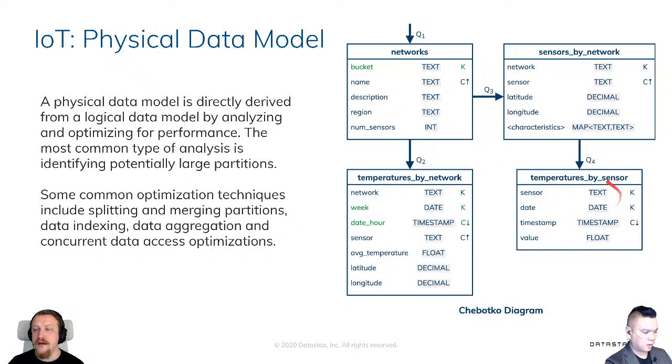So viewing temperatures by sensor means you are at the sensor page, let's say. And temperatures by network is based on the network. So we proceed to temperatures by network from the network. Those are workflows, not relations. So that's the answer, I guess.